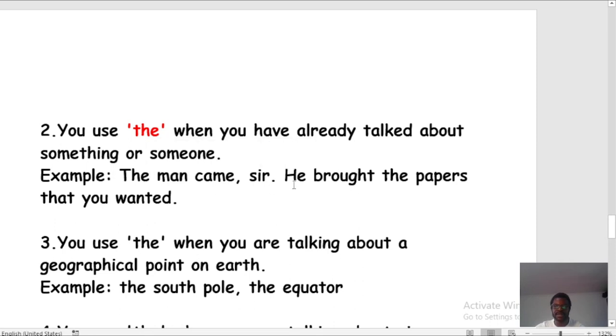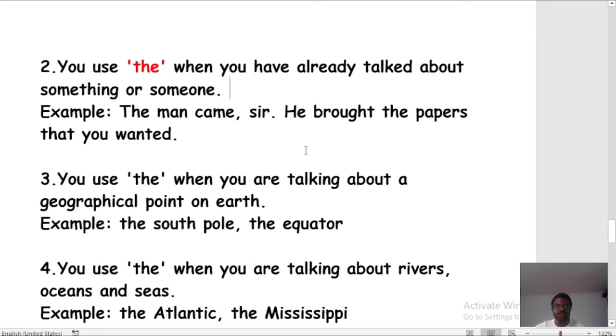So he brought the papers, because maybe you're expecting the man to bring papers, maybe newspapers or something. So you have to use the papers that you wanted, because you already knew about it. Okay? So we use the when you have already talked about something or someone. The thing or the person is already known to us.